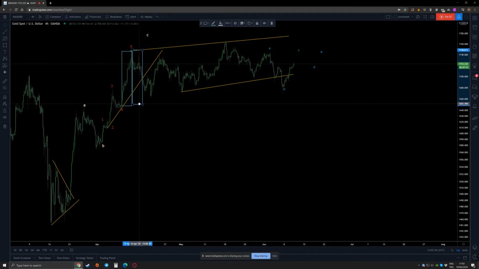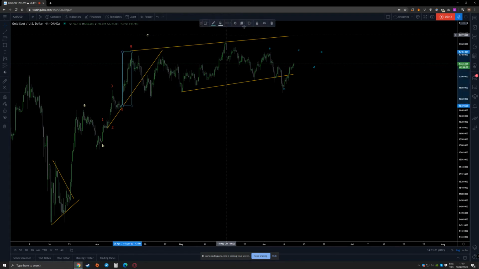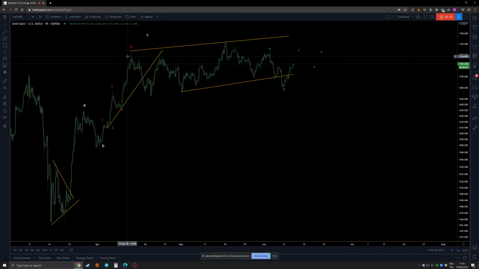It is doing it too. So actually, even though a fifth wave extension is not possible because of the rules that I said, I would still be very conscious of it.